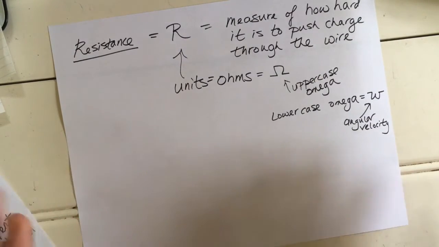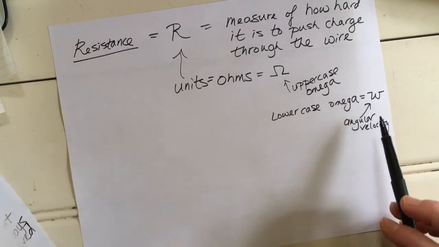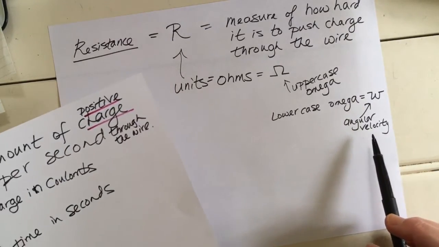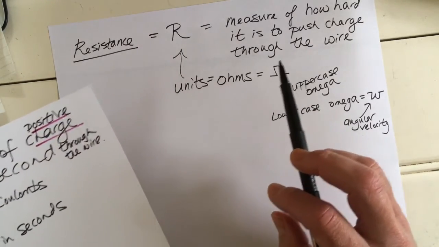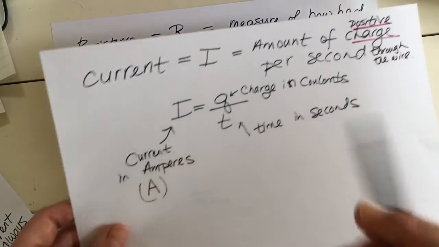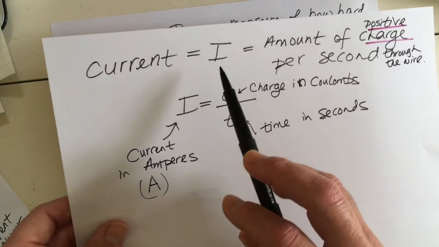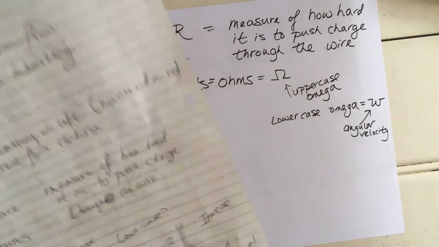So you really got to know what type of subject you're talking about with these variables. Because omega, if it's lowercase, is angular velocity. If it's uppercase, it means ohms, it means resistance. And then we're seeing that I could mean moment of inertia, or it could mean current, capital I.